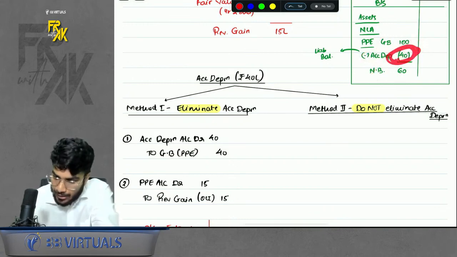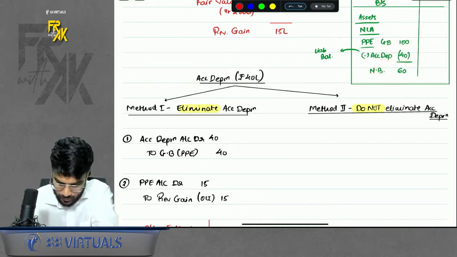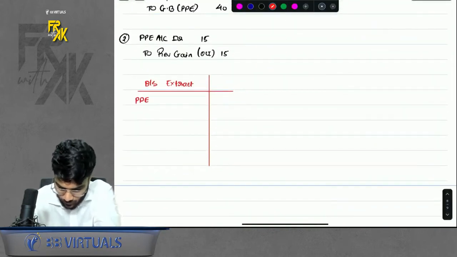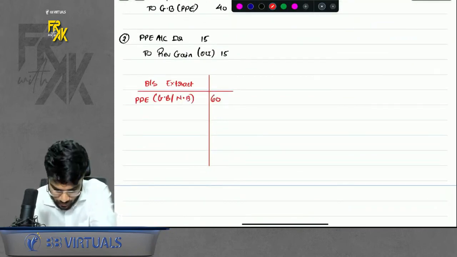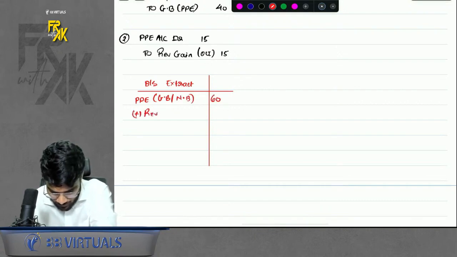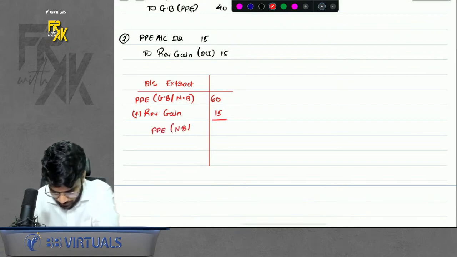After we eliminate this 40 against gross block, our gross block and net block both become 60, right? Then, of course, we book a revaluation gain of 15 and we get the value of PPE. You can call it net block, gross block because both are going to be same as 75.